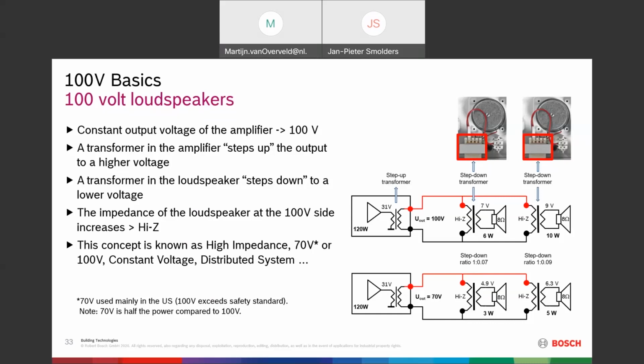One thing to remember also: some of these systems also have a 70 volt output, and it is half the power compared to a 100 volt output. That also means that the sound pressure level that you will have in the end on your loudspeakers will be reduced by 3 dB. So you have 3 dB less on the output of your loudspeaker.